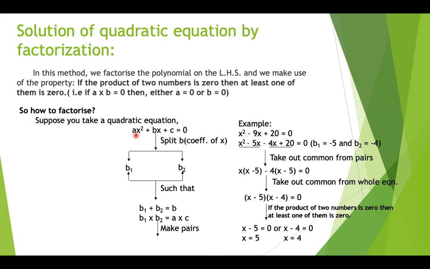So suppose you have a quadratic equation ax square plus bx plus c is equal to 0. So first we have to split the coefficient b of x in terms of b1 and b2 in such a way that b1 plus b2 is equal to b, and b1 into b2 is equal to a into c.